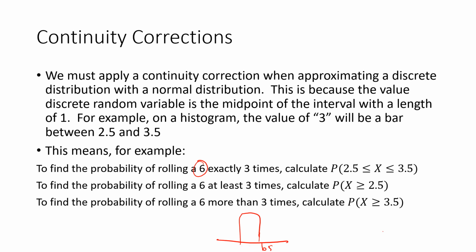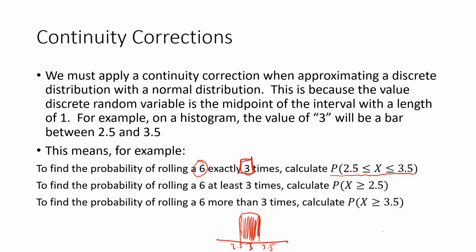Our frequency should be 3. This should be our x here. So 3 is in between 2.5 and 3.5. We need to calculate this bar right here. So we have to get the probability of x being in between 2.5 and 3.5 using the z-score table.